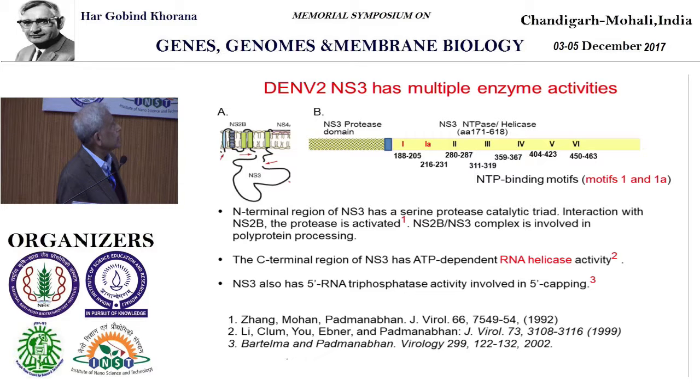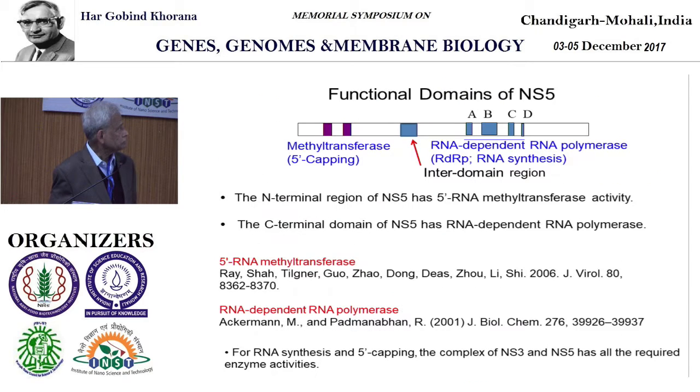The C-terminal part of NS3 has ATP-dependent RNA helicase activity, and NS3 also has a 5' RNA triphosphatase activity, removing the gamma phosphate to form a diphosphorylated RNA. This first step is important for capping at the 5' end.